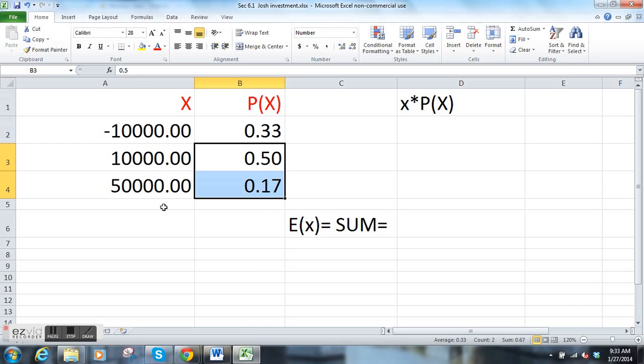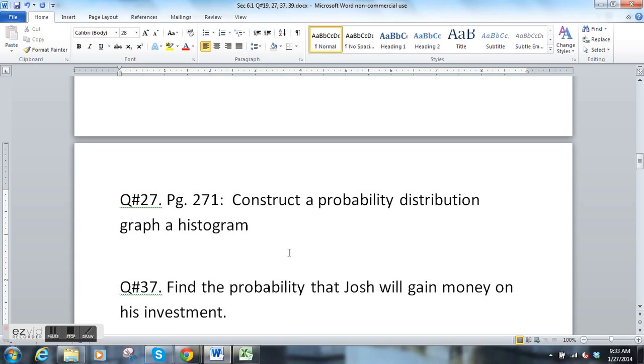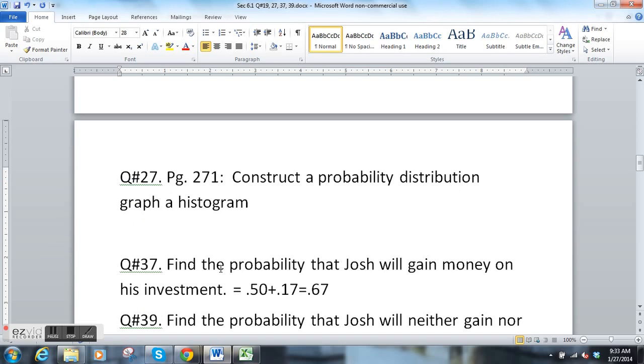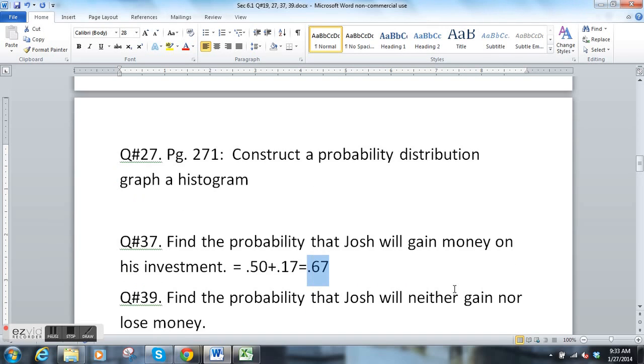The probability that he gains money equals 0.50 plus 0.17, or 1/6, which is 0.67. That's a pretty good probability for Wall Street. Again, I'm not sure Josh needs to graduate from college with those sorts of probabilities.